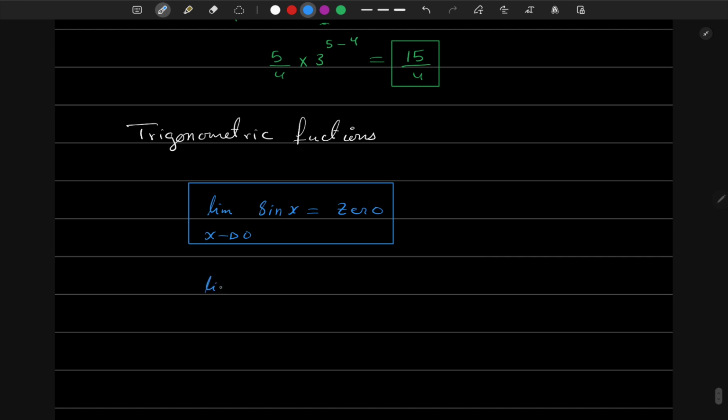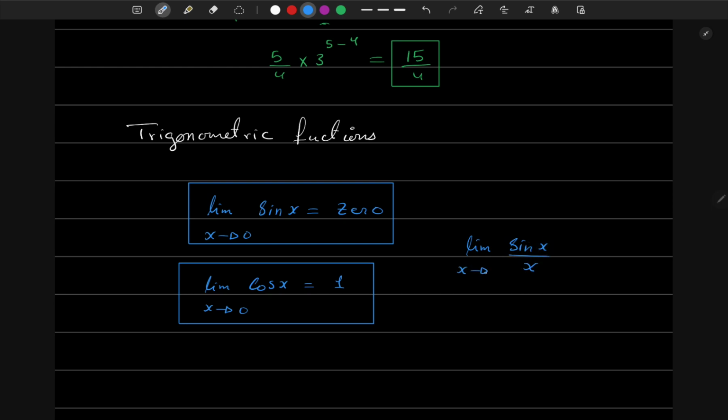And the limit of cosine x when x approaches 0 equals 1. And the limit of sine x over x when x approaches 0 equals 1.